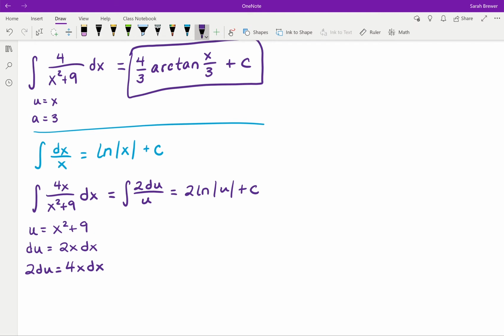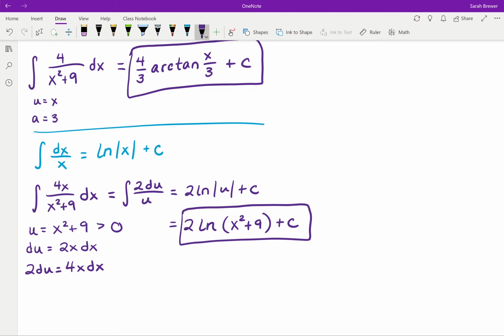Here, because x squared plus 9 is always strictly greater than 0, we can drop the absolute value in this case. And so we are just looking at 2 times the natural log of x squared plus 9 plus c. Don't forget the plus c.